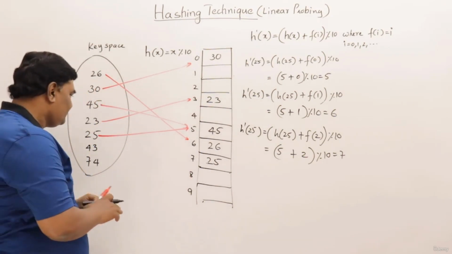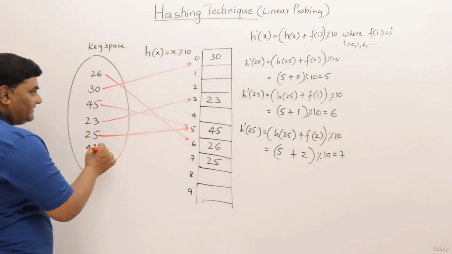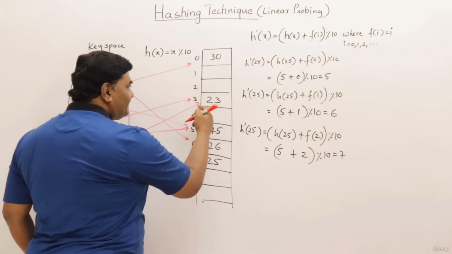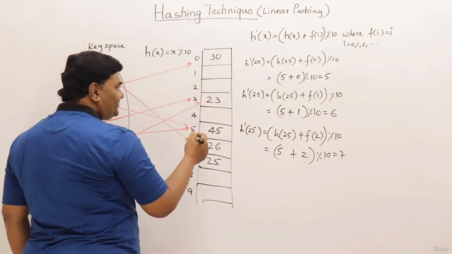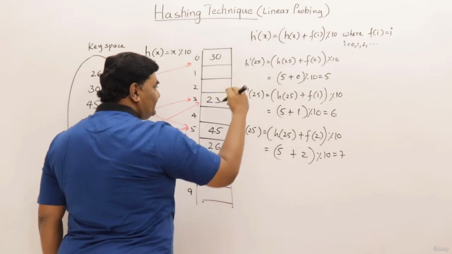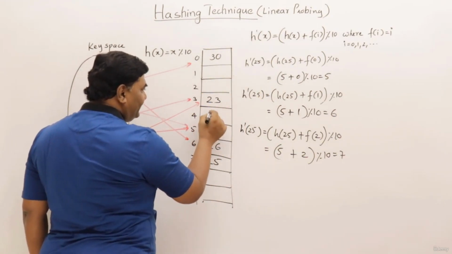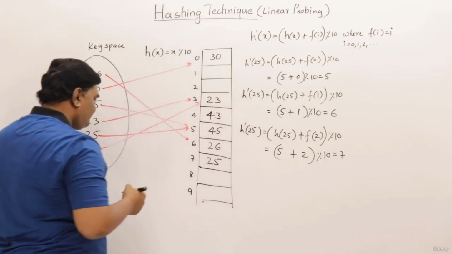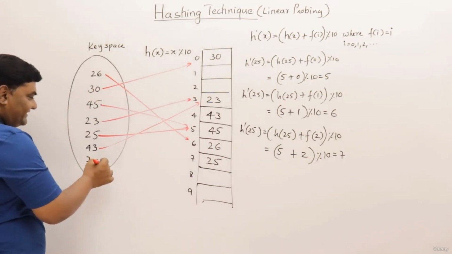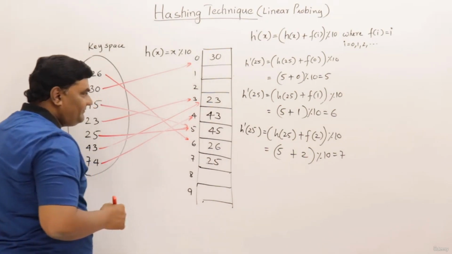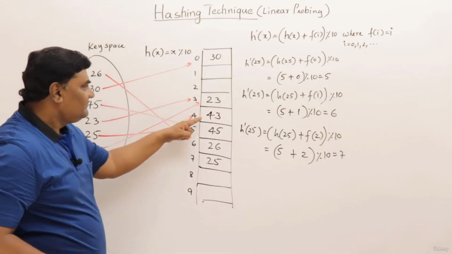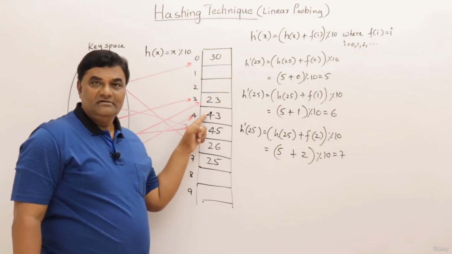Now let me insert the remaining keys. 43 is mapped here and there is a collision. So we use that same function, f(i) with i value 0, there is a collision. Then calculate with i value 1. Next place, yes, it is free. So store 43 here. The next, 74, is mapped here, already occupied.